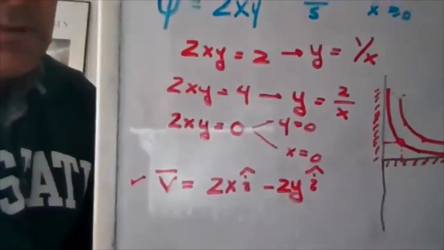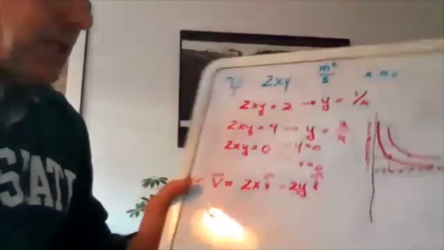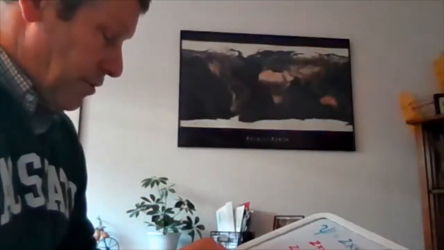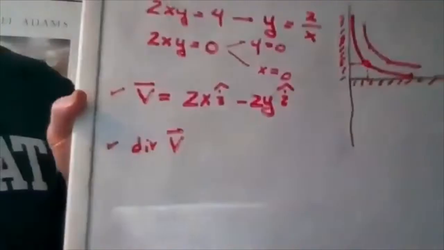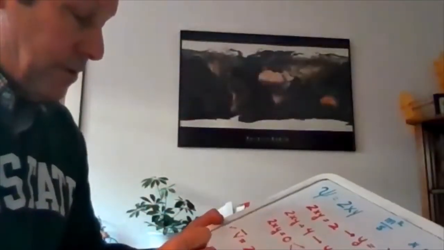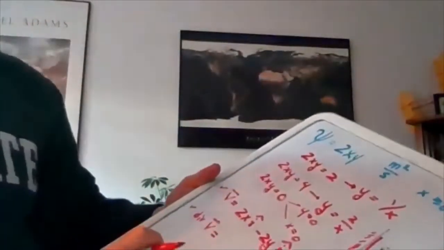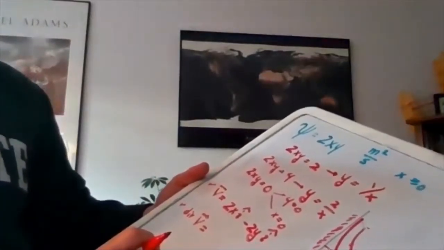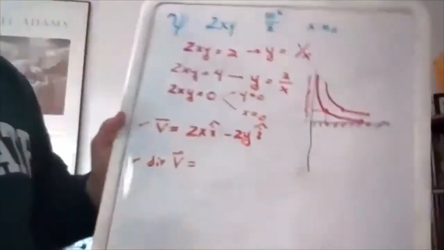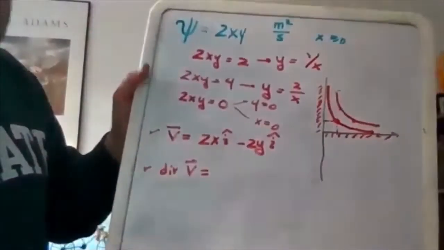All right, next thing we want to do is figure out, is there any dilation? And for that, we're going to do the divergence of the velocity vector. Okay, and that's going to take the velocity vector and give us a scalar result. Basically what I'm going to do is take du dx and add dv dy.